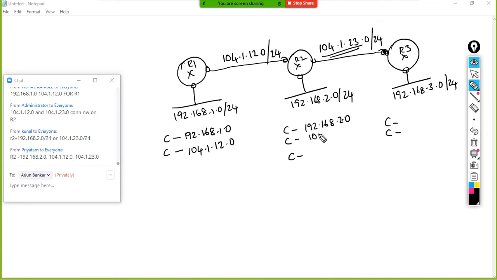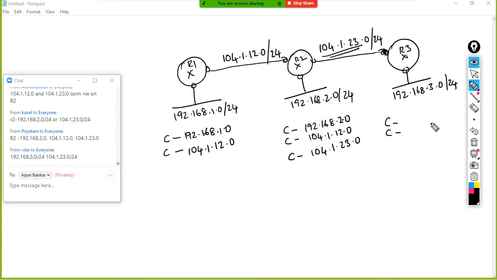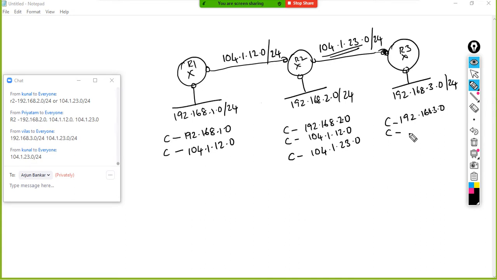Then 104.1.12.0, then 104.1.23.0, good. As for router 3, 192.168.3.0, good. Then 104.1.23.0, good.